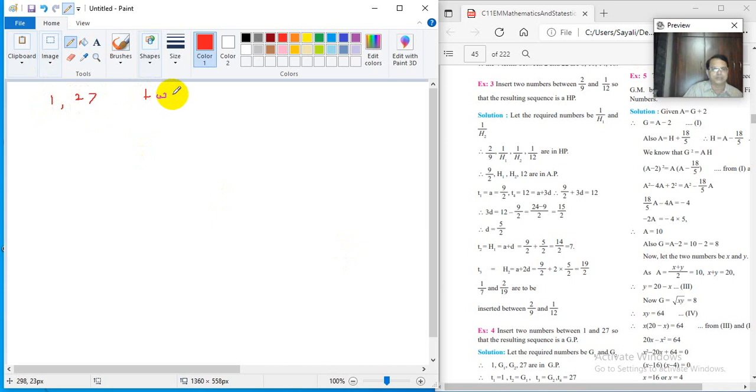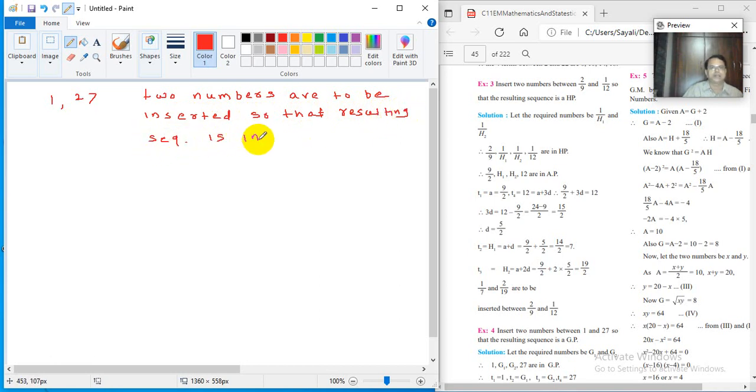Two numbers are to be inserted so that the resulting sequence is in GP. Resulting sequence is in geometric progression.